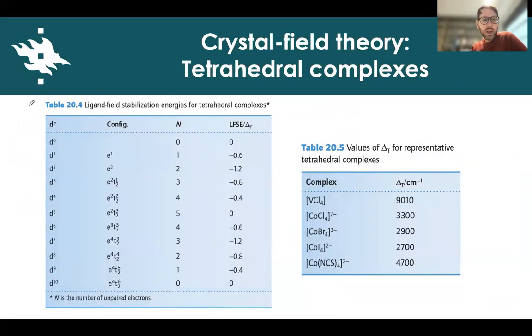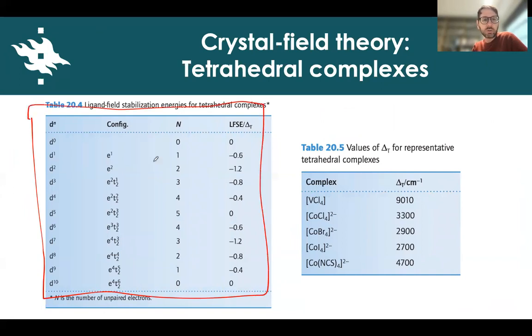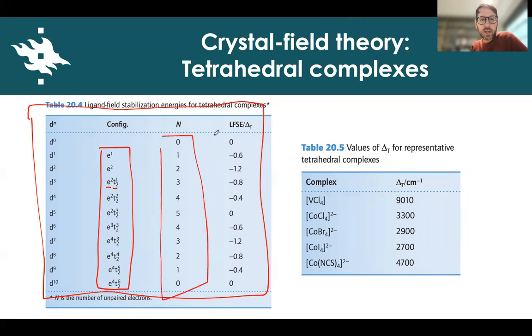So here we have the ligand field stabilization energy for the different configurations for the tetrahedral complex. Note here the different configurations using the orbital notation. Here e comes first because it's lower in energy, for example. And then here we have the number of unpaired electrons and also the ligand field stabilization energy.